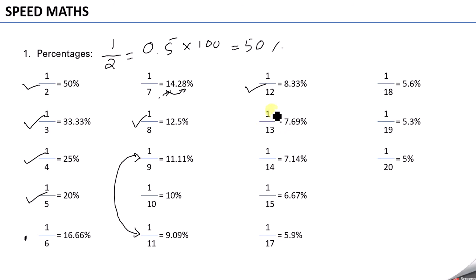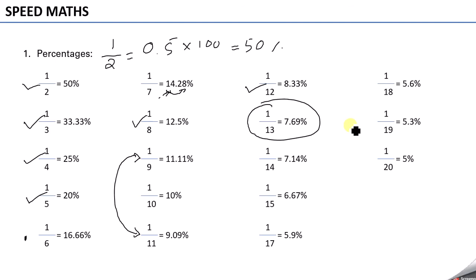Now 1 by 13 is one you will have to remember, which is 7.69.